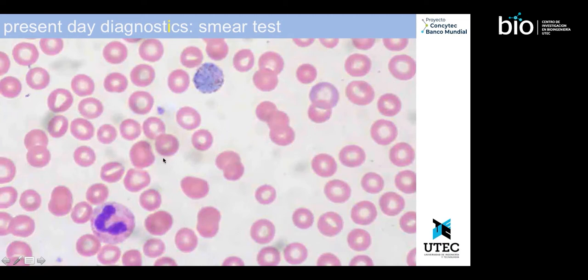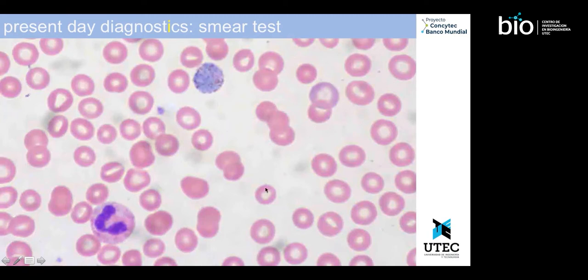And of course, you might have the bad luck, or the good luck, it depends how you look at it, that there is no infected cell in your image. It doesn't mean you do not have malaria. It just means you didn't see it in that one image. So you have to go through a whole different set of images to find this.